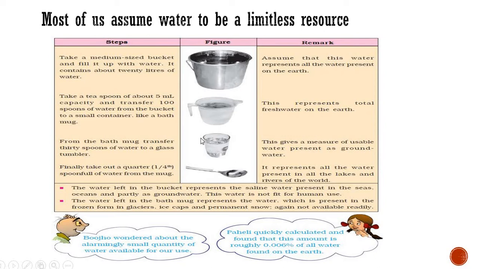From the bath mug, transfer 30 spoons of water to a glass tumbler, and the water in the glass tumbler represents the usable water present as groundwater.